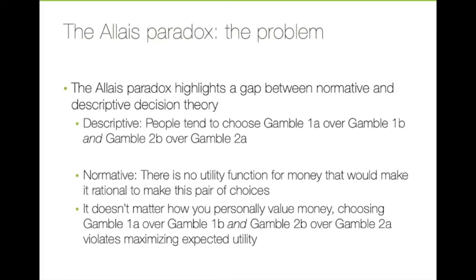Particularly notable about this pair of decisions is that people are really reticent to take risks in that first decision when they have a choice to get a good outcome for certain. However, this fact about how people do make decisions suggests that they are sometimes irrational. You might be surprised to know. Our normative theory for decisions under risk tells us to maximize expected utility. However, there's a problem with the Allais paradox.